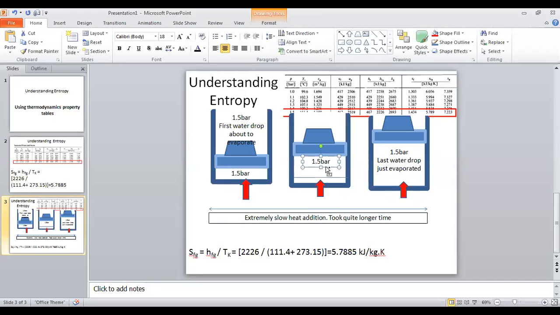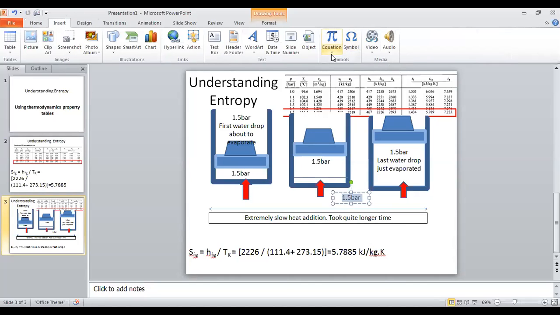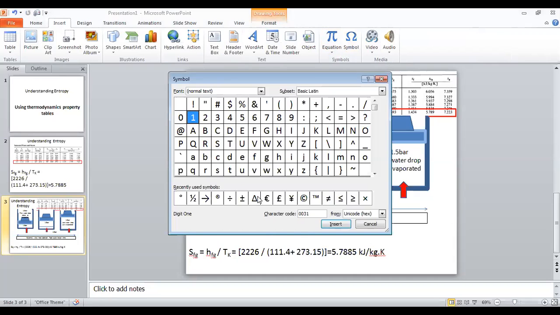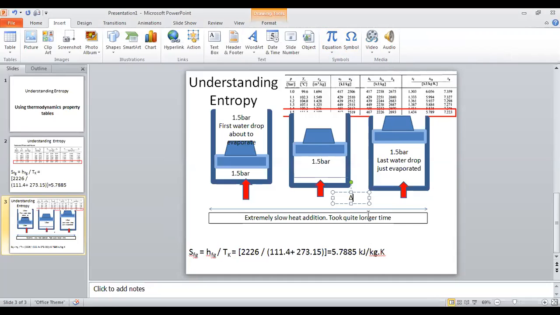We call it delta T. Delta T here is for the heat transfer from the surface to water.